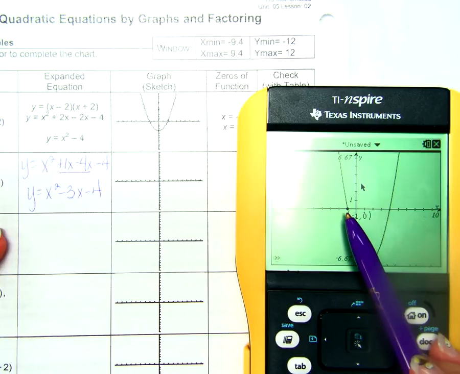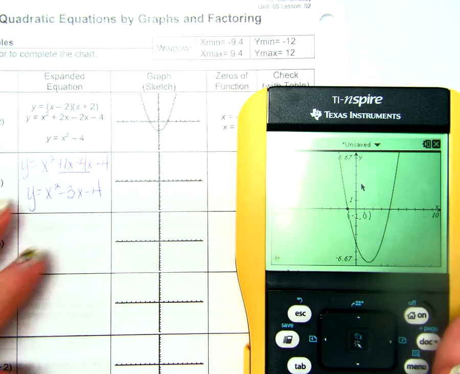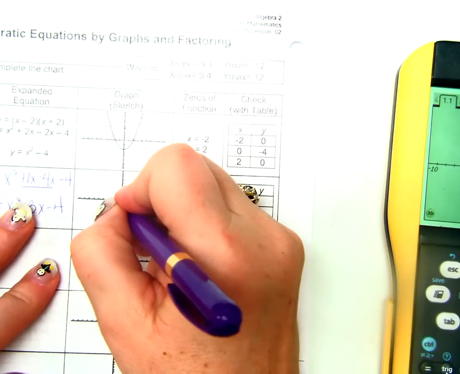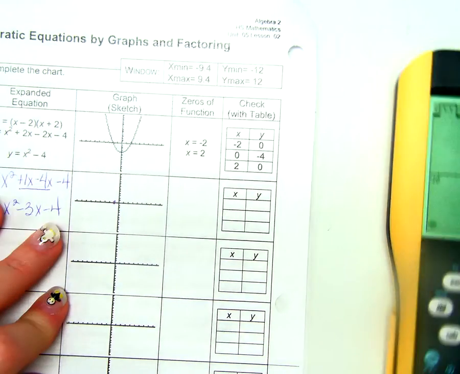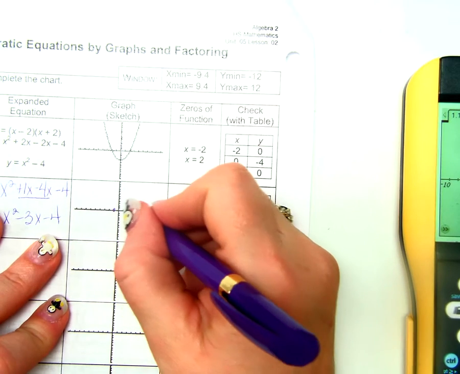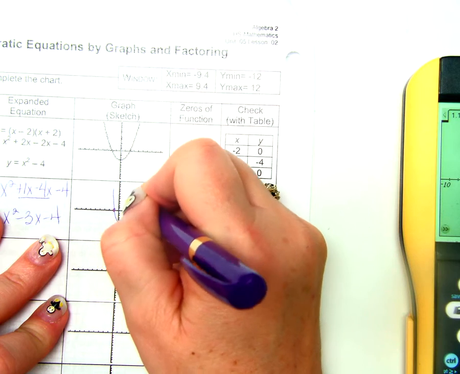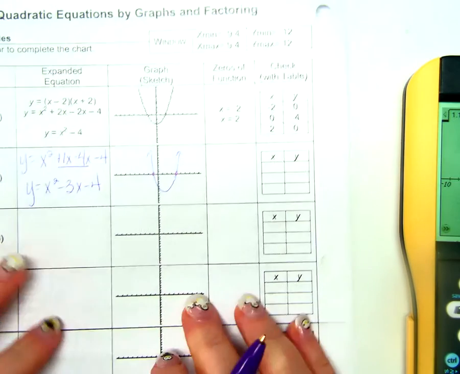Probably that point, and probably that point, for sure, maybe the vertex. Okay, can you tell that's crossing the x-axis at -1? Can you tell it's crossing the x-axis at 4? So it goes something like that-ish.